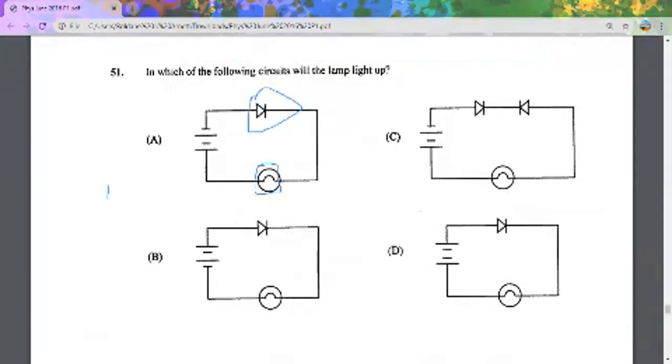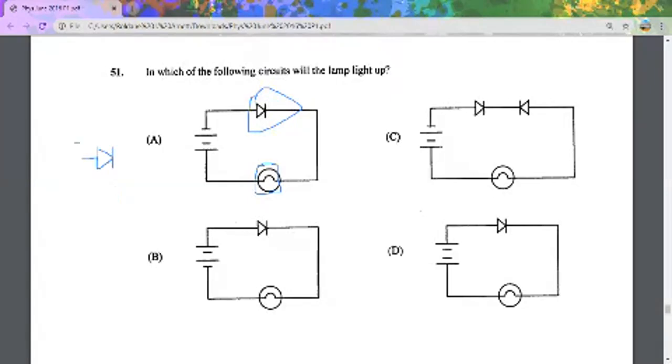So let me just draw right here this diode. The diode actually points in the direction of the conventional current flow.